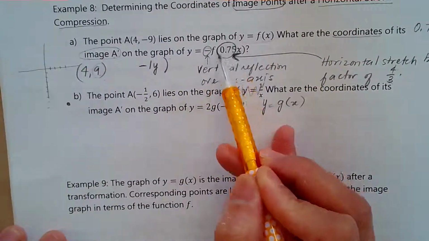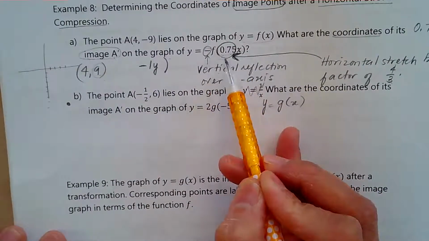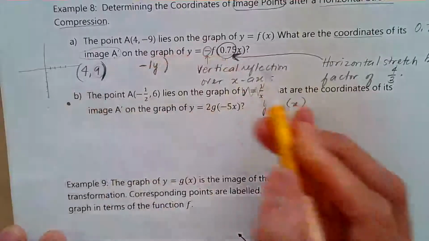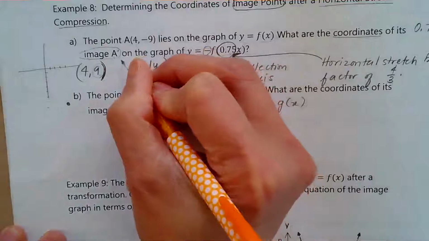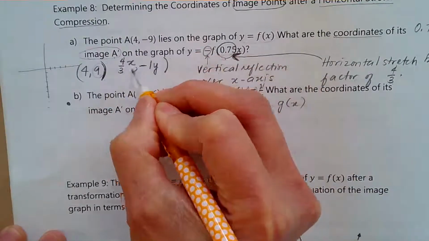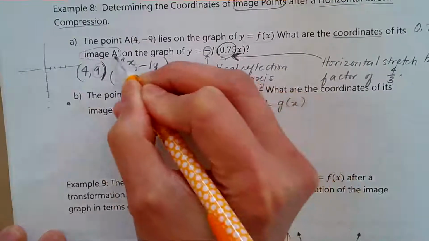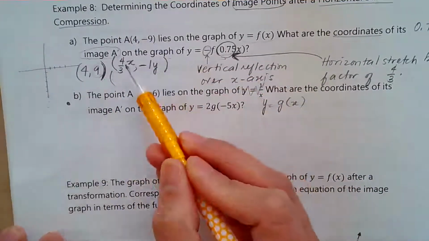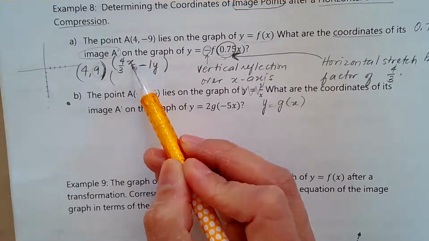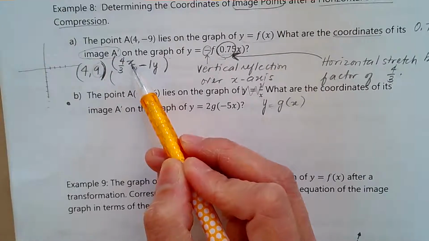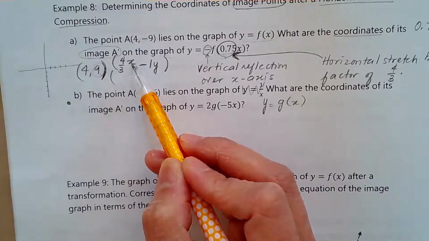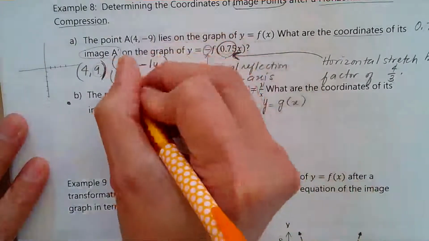And then this one, 0.75, that's affecting the x. So that's going to be 4/3 times x. So our new point would be 4/3 times x. Well, what's 4/3 times 4? 16/3. And then negative y.